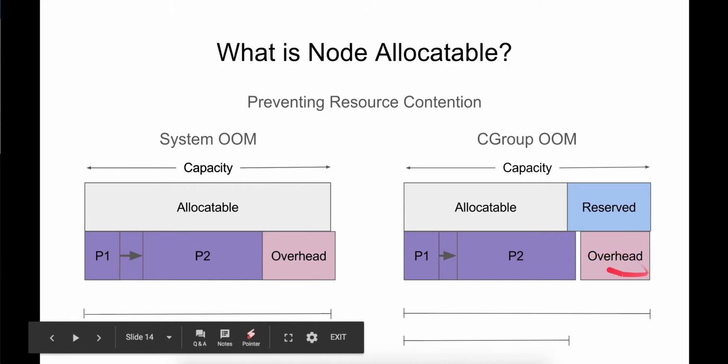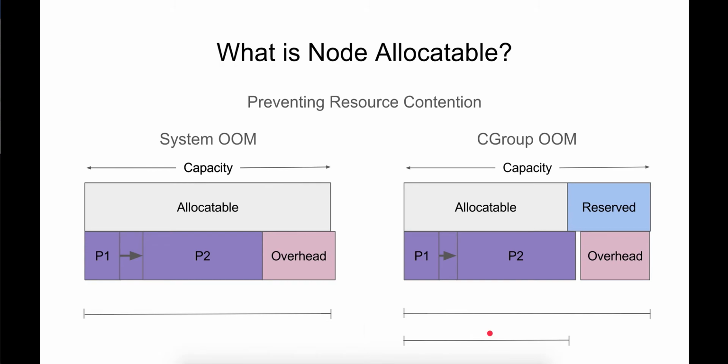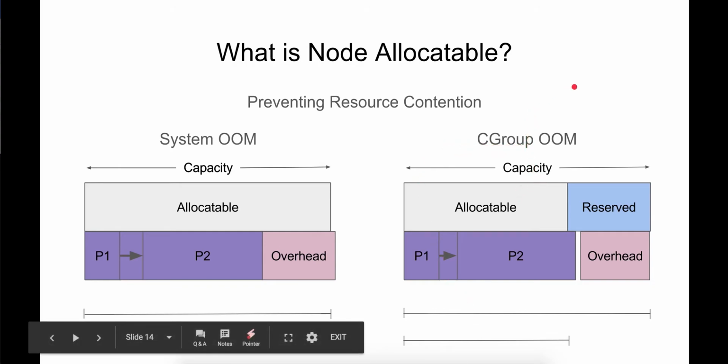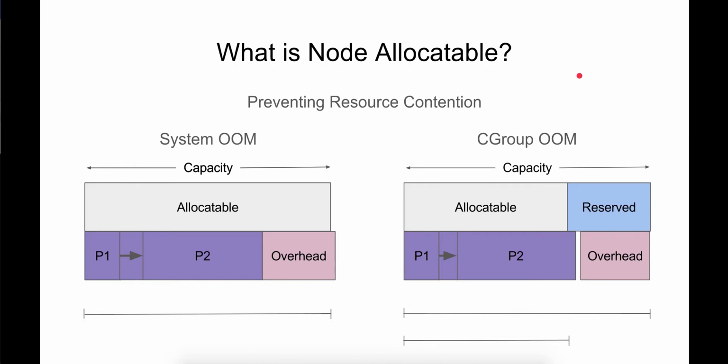But because this overhead here is not placed inside this C group, it's not a candidate. So all of your operating system daemons, the kubelet, Docker, they're all safe from the killer. And so a C group OOM is much more preferable to a system OOM. And now I'll demonstrate why.